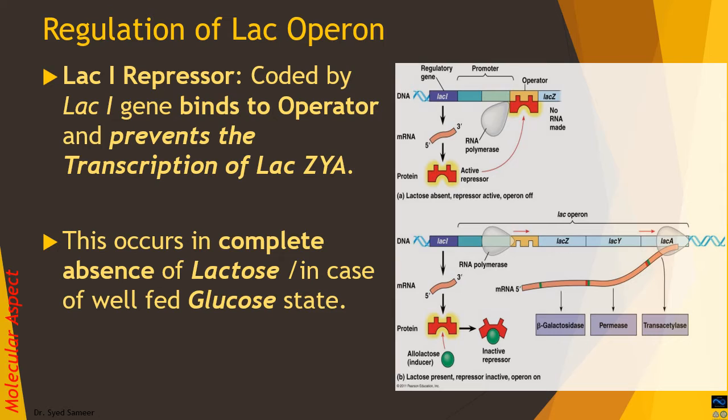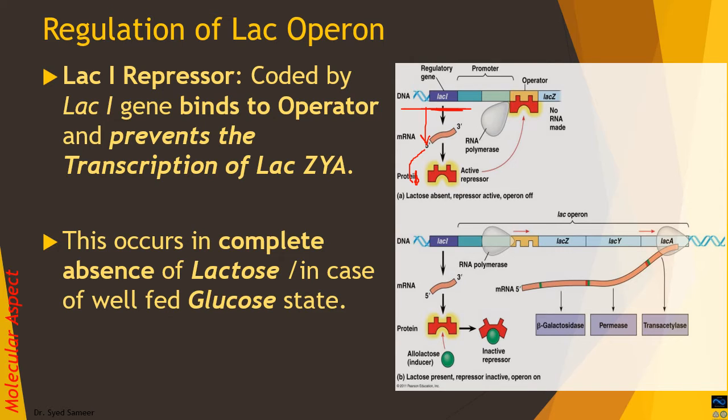Focusing first on the molecular aspect of the regulation of the Lac Operon, we know so far that the Lac Operon contains the structural genes, promoter, operator, as well as a regulator gene. The regulator gene here is Lac-I. When expressed, it is transcribed as mRNA and then translated into a protein.